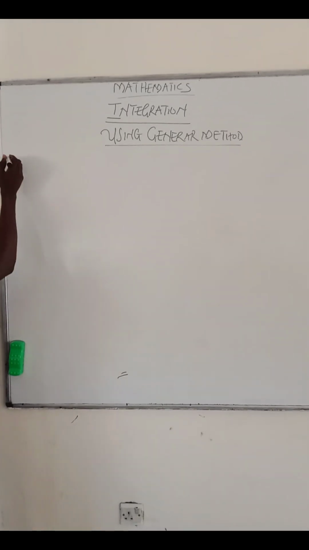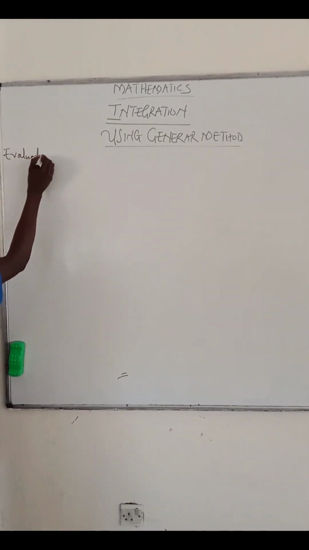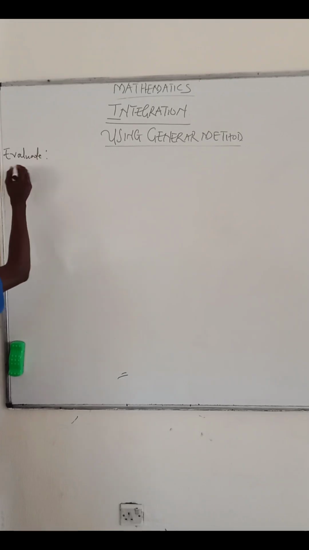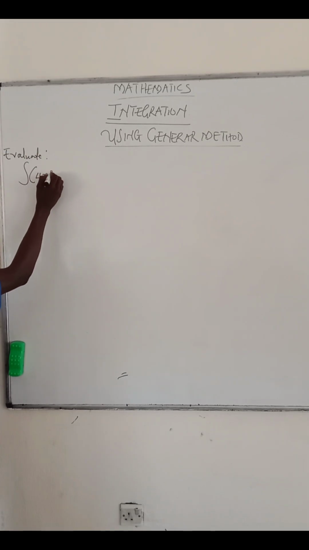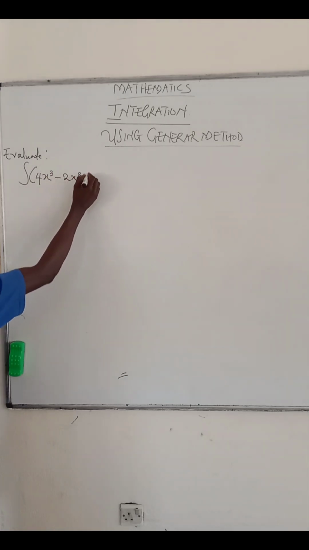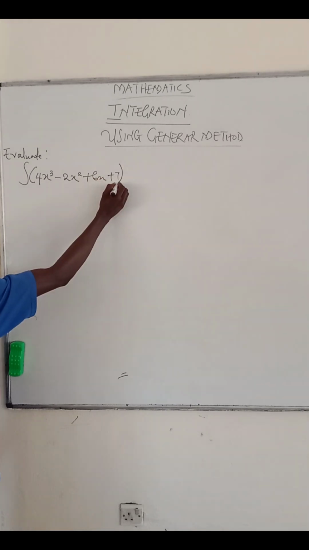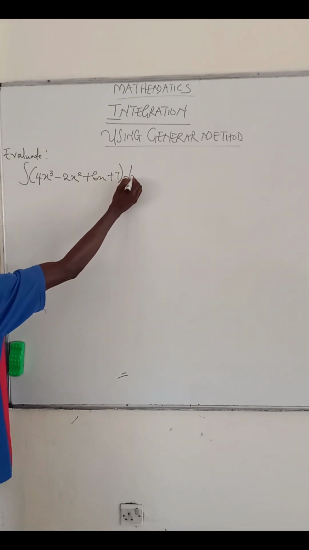So, example 2, evaluate the integral of 4s cubed minus 2s squared plus 6s plus 7, close the bracket, dx.